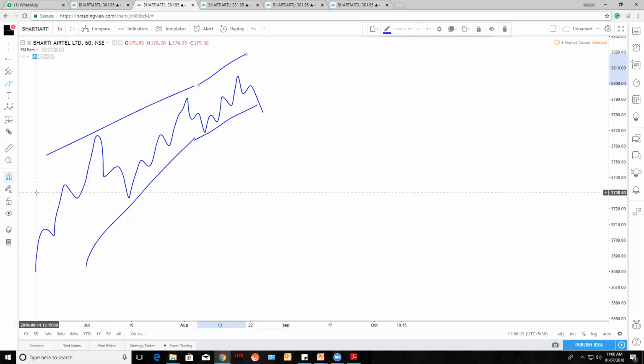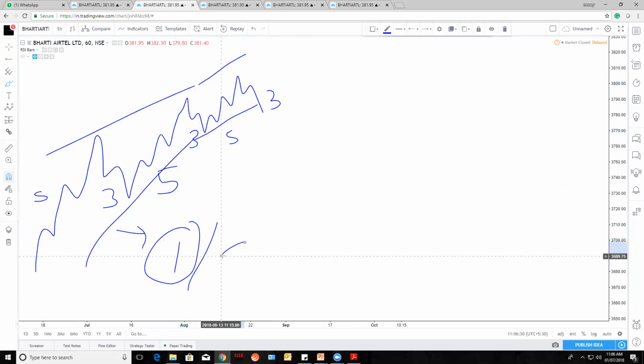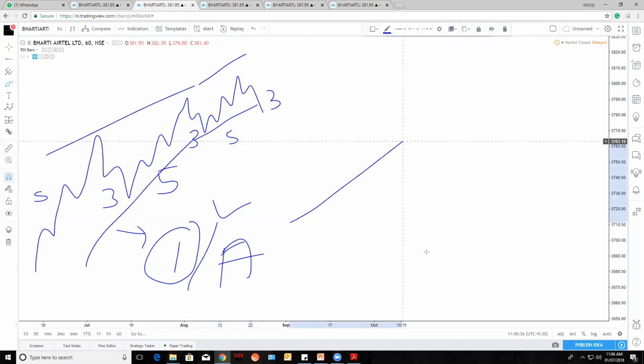Here the structure is 5 waves here, 3 waves here, 5 waves here, 3 waves here, 5 waves here, and 3 waves here, right? It can be a leading diagonal or an ending diagonal. If it is coming in wave 1 or wave A, it can be a leading diagonal.